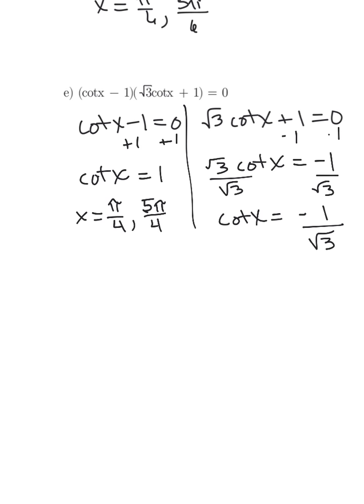That happens in quadrants 2 and 4. If you put the x-coordinate over the y-coordinate, where do you get -1 over square root of 3? Well, that happens at the angles of 2 pi over 3 and 5 pi over 3. So you wind up with 4 solutions to this equation.